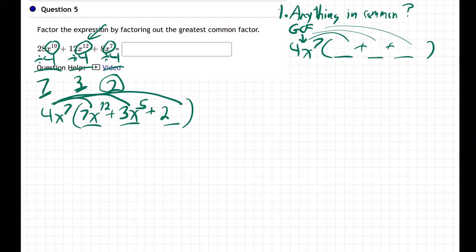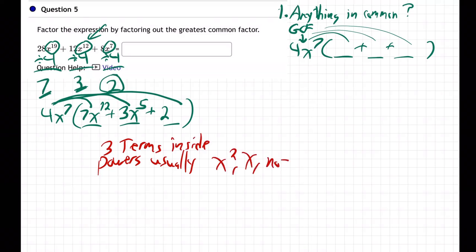Now, how do I know that this one will not go further? Well, it's about those powers. It's about the fact that the powers aren't going to do anything more than that. The powers of the three terms inside are usually x squared, x, and then no x at all, right?